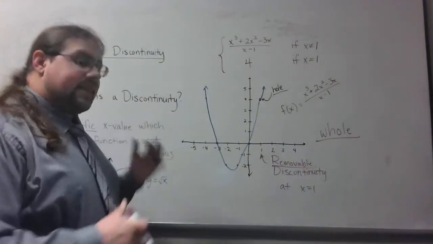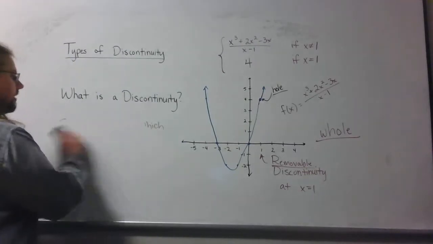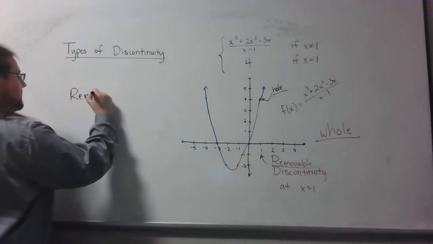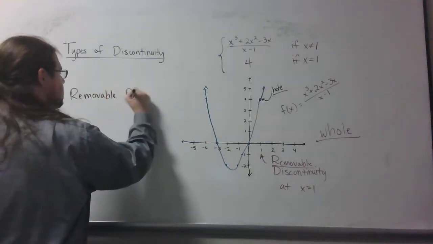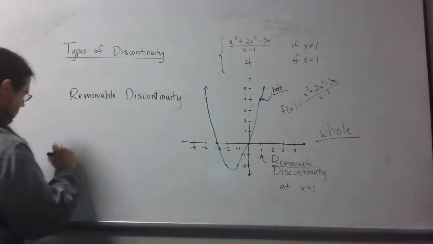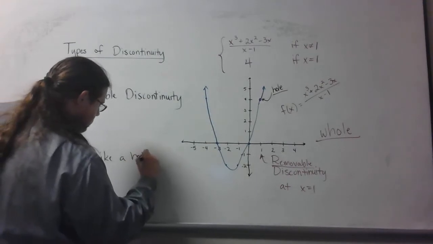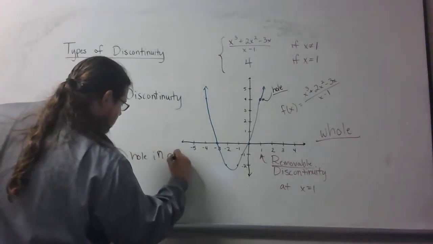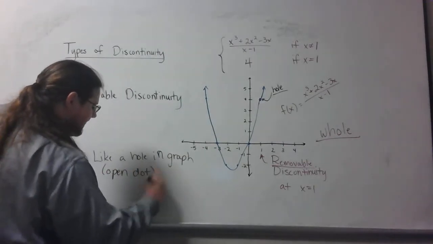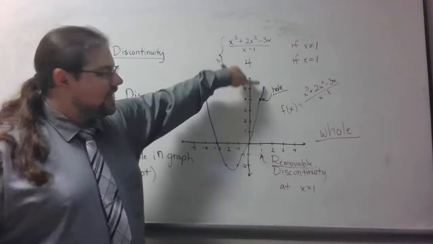All right. The other thing I wanted to make sure I mentioned is the definition. So I'm going to go over the definition of a removable discontinuity real fast, okay? So, a removable discontinuity looks like a hole in my graph. So we're going to have an open dot at where it connects, okay? So, like I said, we had a hole right here, and it continued on both sides of it.